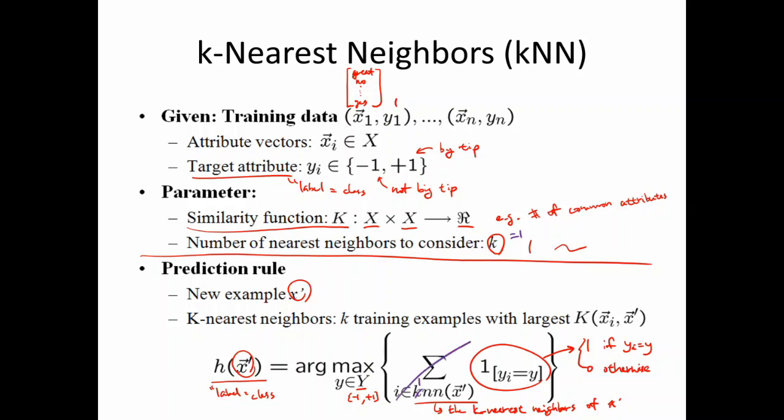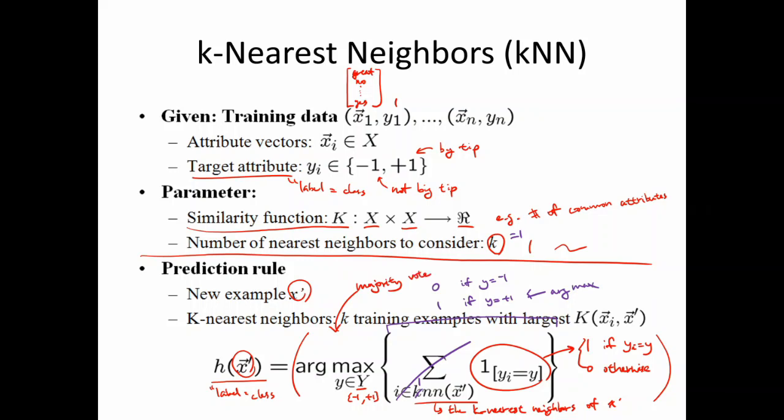And suppose the nearest neighbor to x prime has label +1. Then this whole value would be 0 if y is -1 and 1 if y is +1. This would be the argmax. Again, the nearest neighbor of x prime has label +1. So this whole thing is just a fancy way to say majority vote.